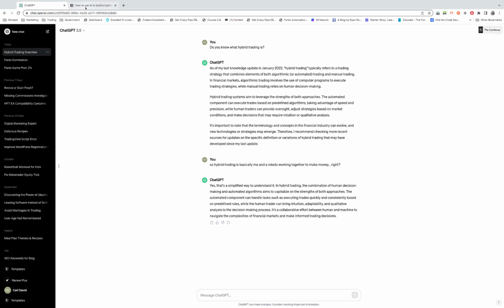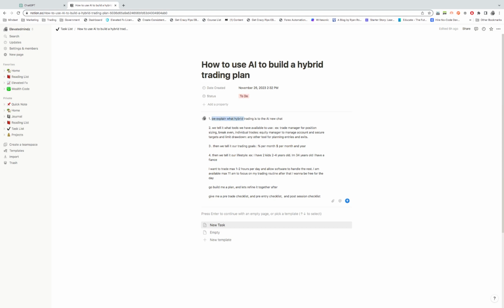So here's what we're going to do. We make sure that the system understands what hybrid trading is. And if that's not the response that you got, you explain to it what it is. It's a human discretionary approach combined with software to create profitability. Then we need to tell it what tools we have available. All right, so I'm just going to copy this.